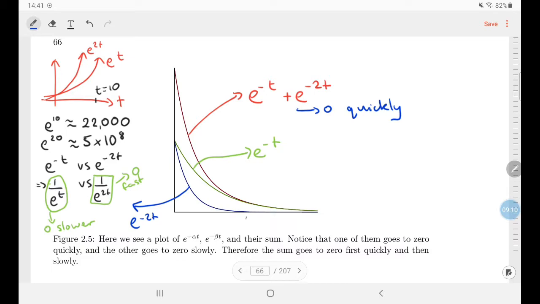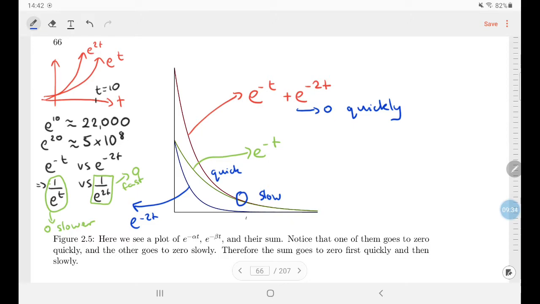And then the other term takes a bit longer. See the way the red curve, the e to the minus t plus e to the minus 2t, quickly decreases down to, say, around here. So this is like the quick phase, and this is, say, the slow phase. And then it kind of slows down.